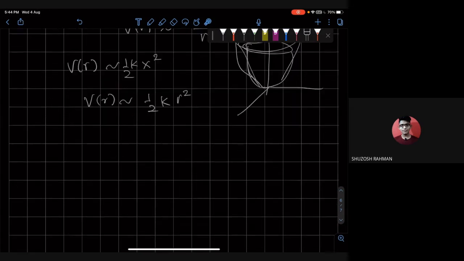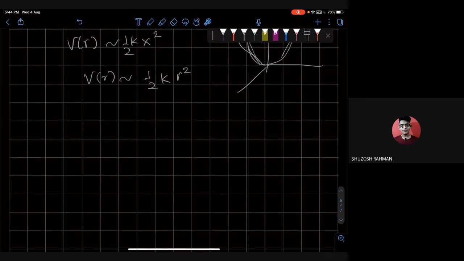Okay, so now if I take r to infinity, then V of r goes to 0, but our angular momentum barrier also goes to 0, right? Because it's 1 over r squared. So this also goes to 0.